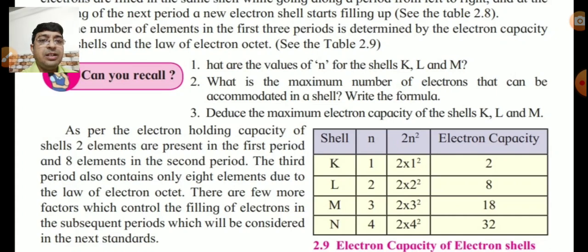The third period also contains only 8 elements due to the law of electron octet. There are a few more factors which control the filling of electrons in the subsequent periods, which will be considered in the next standard.